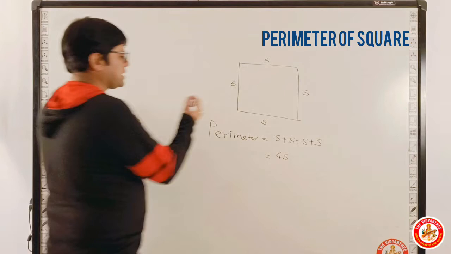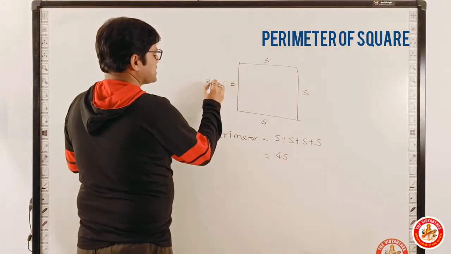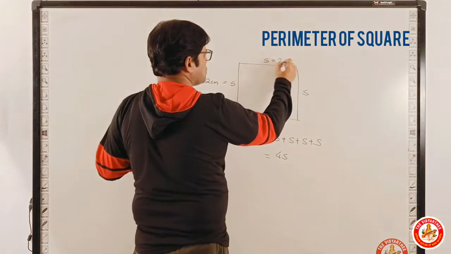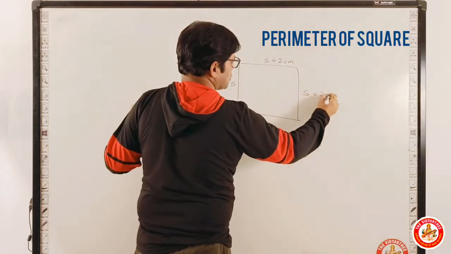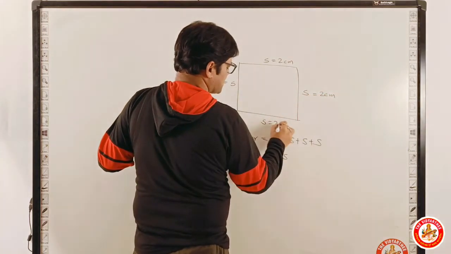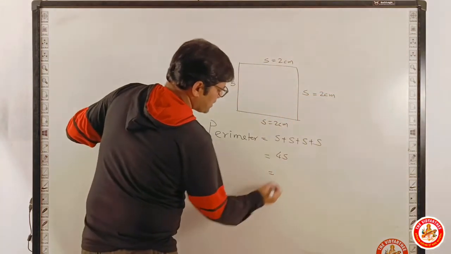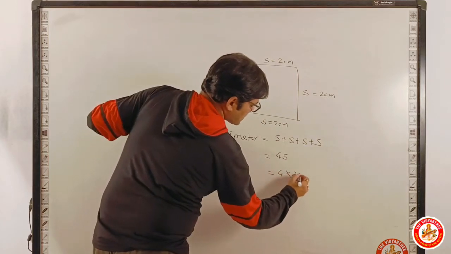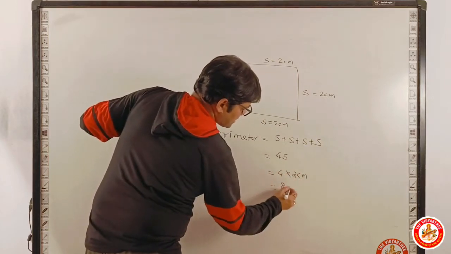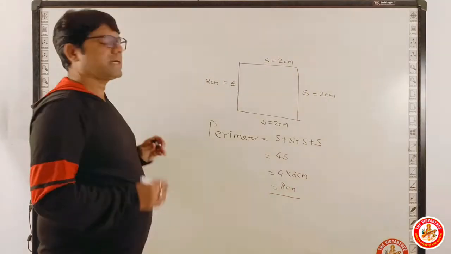Now, for example, if the side is 2 centimeter, 2 centimeter, 2 centimeter, and this is 2 centimeter, your perimeter will be in this case 4 into 2 centimeter, that is 8 centimeter. It is as simple as that.